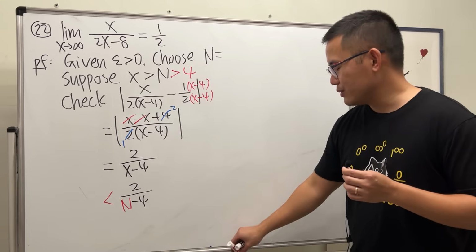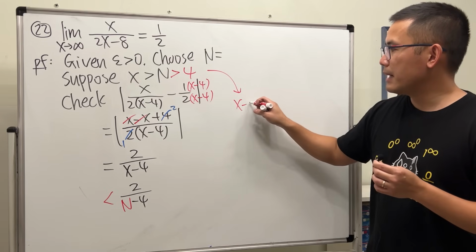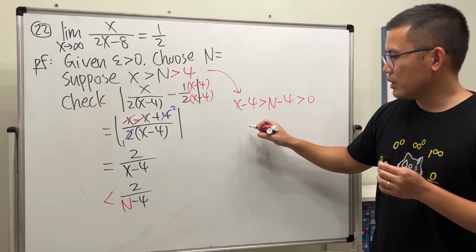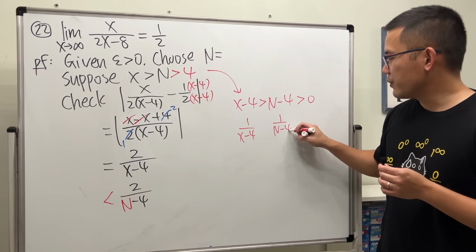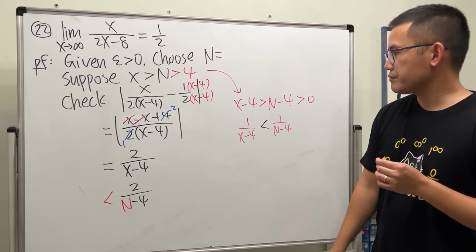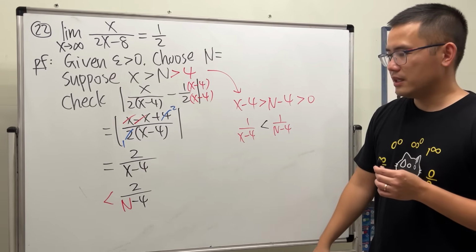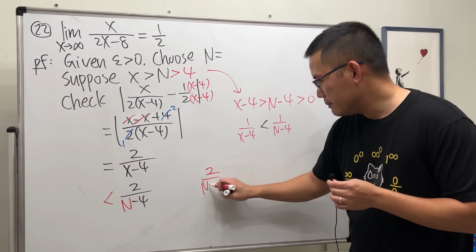All right, I'll do that for you guys real quick. So that means x minus 4 is greater than n minus 4 is greater than 0. So 1 over x minus 4, 1 over n minus 4 will be less than, yeah, and then it's still positive. Anyway, this right here, 2 over n minus 4.